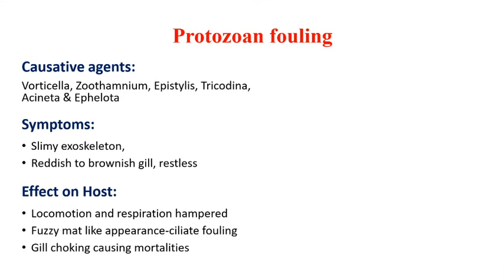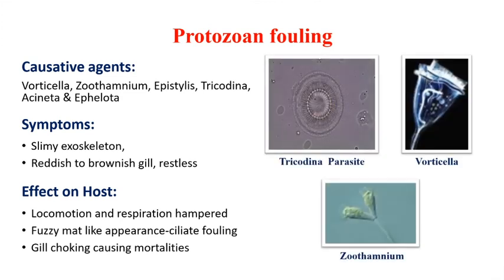Protozoan fouling. The protozoan fouling is caused by protozoans namely Vorticella, Zoothamnium, Epistylis, Trichodina, Acineta and Ephelota. Symptoms are slimy exoskeleton, reddish to brownish gills, restless condition. Effects on host. Locomotion and respiration is hampered in the case of shrimps.